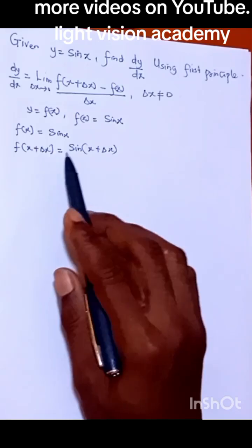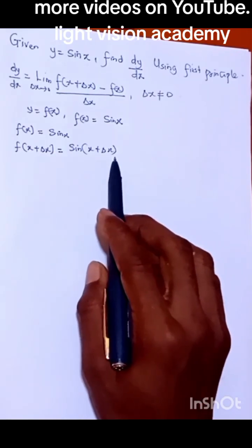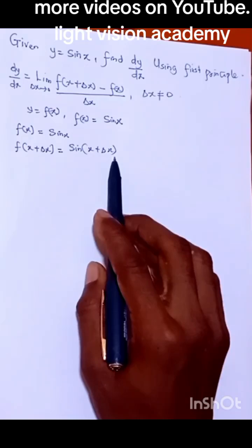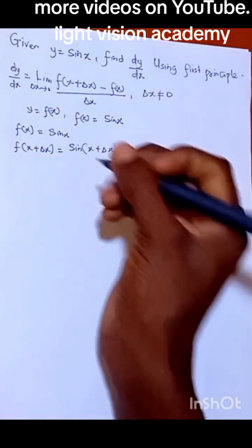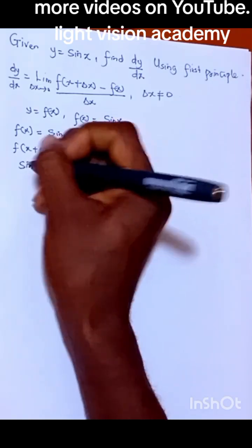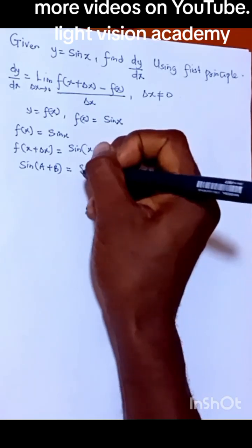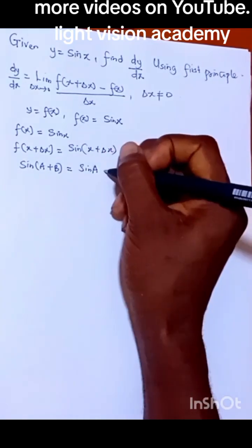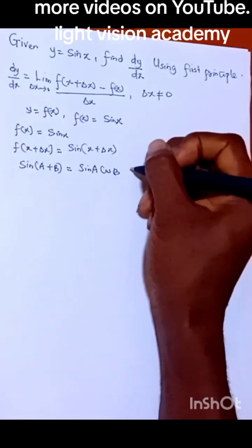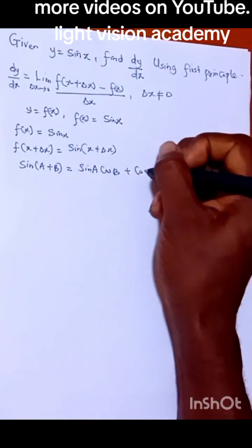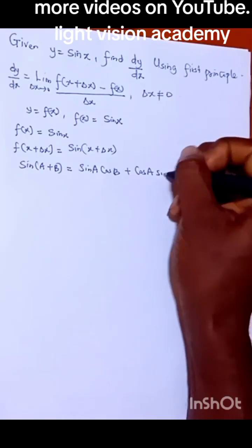So we need to open this expression using the trigonometric relationship. The trig relationship says that sin(A + B) equals sin A cos B plus cos A sin B.